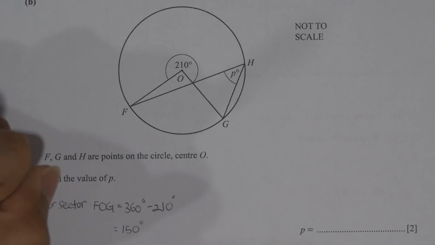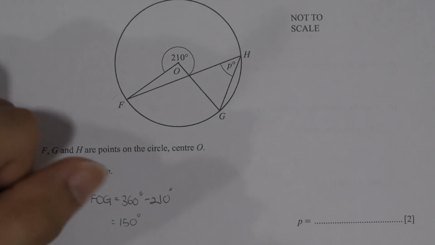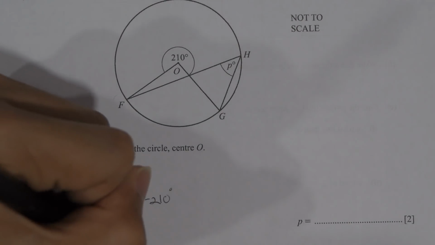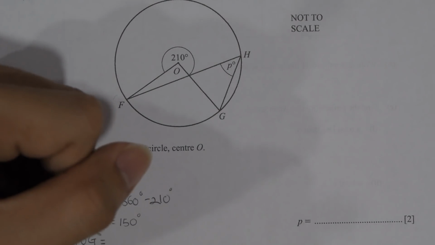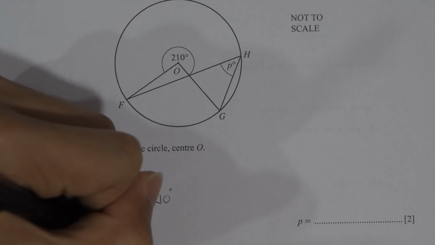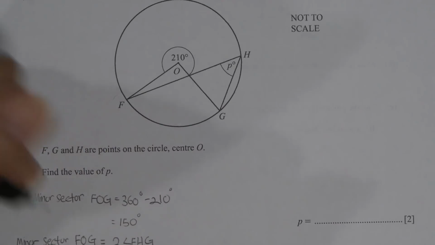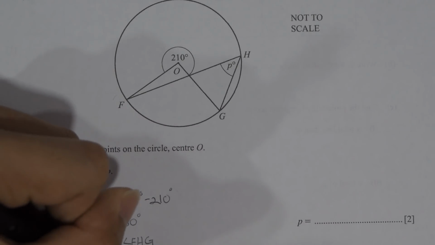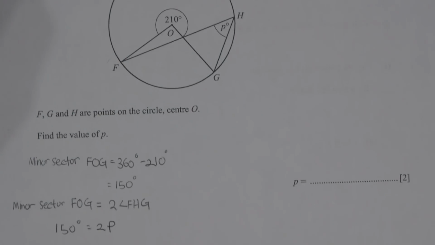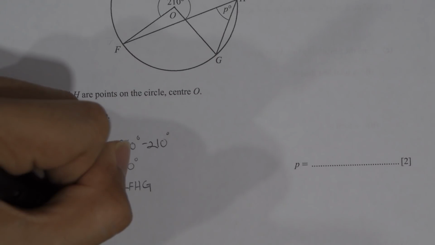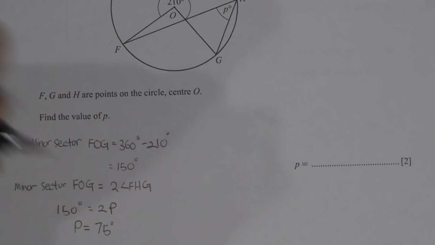According to circle theorem, FOG is actually 2 times FHG. So you key into the formula. Angle P is actually 150 divided by 2, then you get 75.